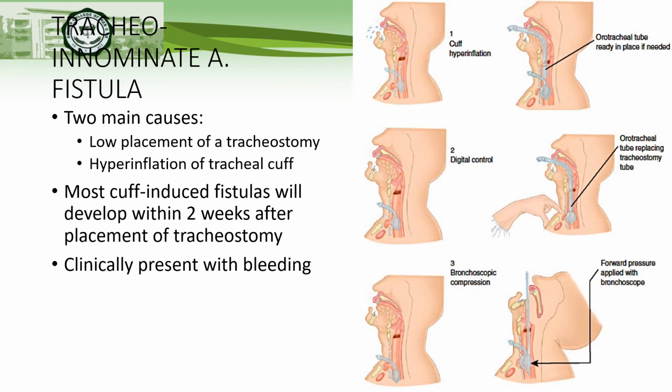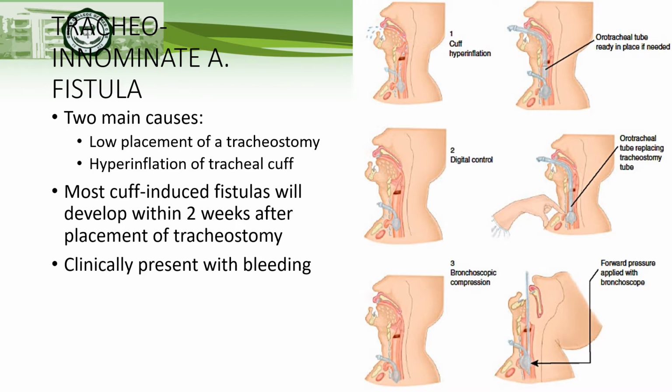Clinically, innominate artery fistula presents with bleeding, and when this happens, the cuff may be hyperinflated temporarily to occlude the arterial injury as seen in the picture. So here, patients should be brought back to the operating room and an orotracheal tube ready in place if needed.